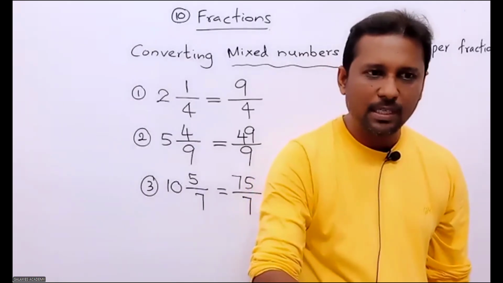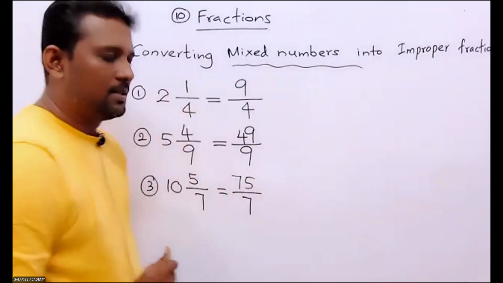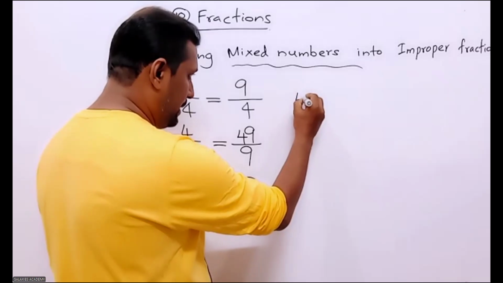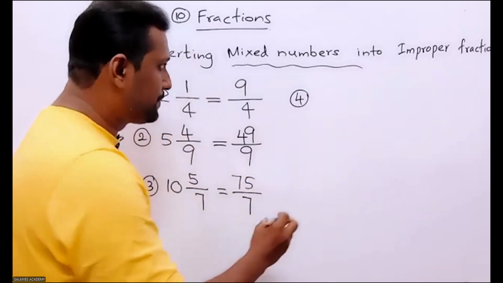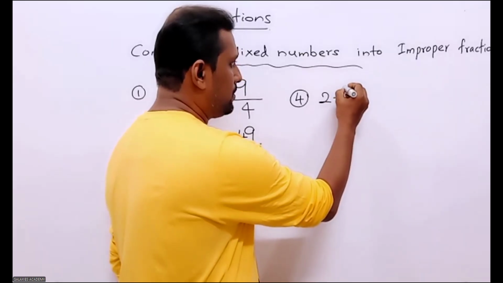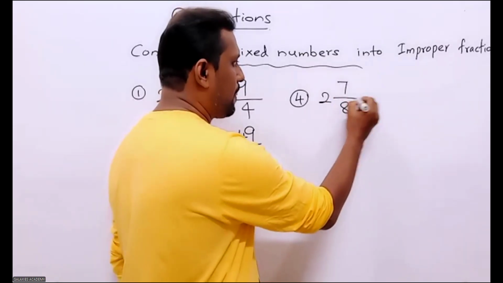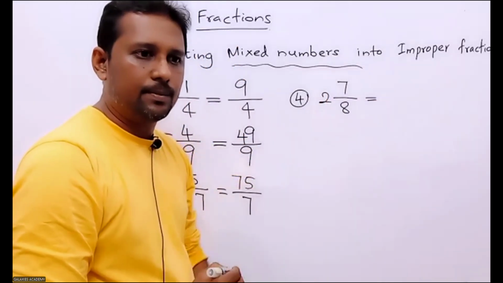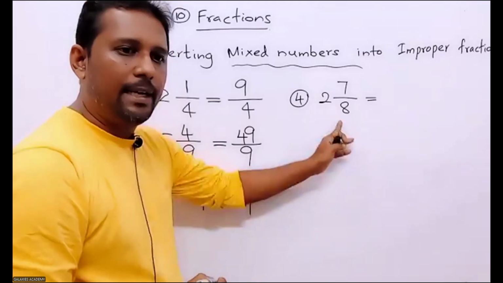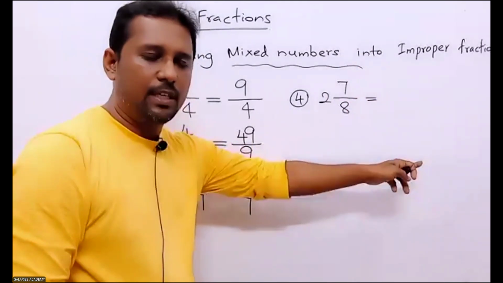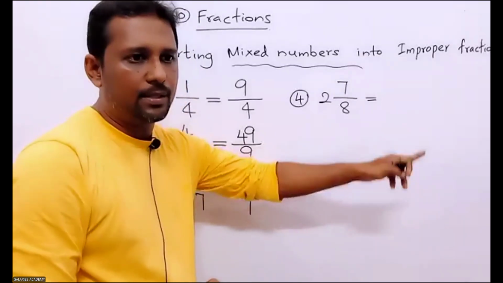Let's discuss another two examples. The fourth example is 2, 7 over 8. The denominator is 8, so the improper fraction denominator should be the same value, 8.